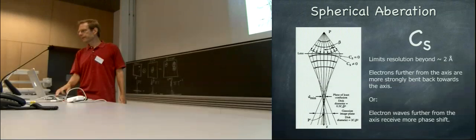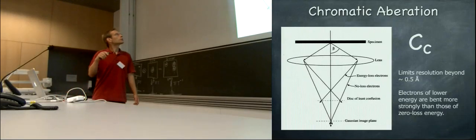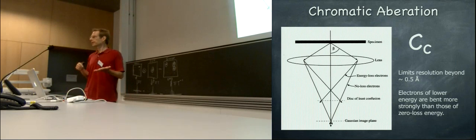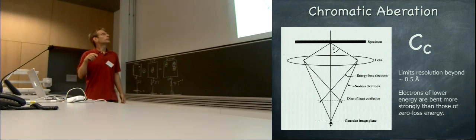Our lenses also have a second problem, which is called chromatic aberration, which means if we have 300 kilovolts in our electron beam, they are not all exactly 300 kilovolts. Some are a little bit faster and some are a little bit slower. Yeah, it's 300,001 or 300 or 299,999 kilo electron volts energy. And these different speeds in electrons are focused differently.